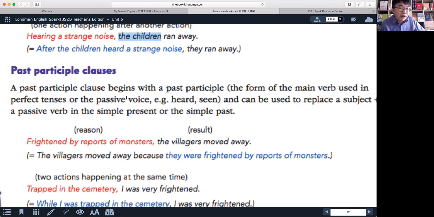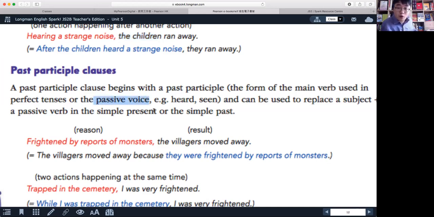Do you still remember how to form perfect tenses? For present perfect, you have has or have plus what? Plus past participle, right? Or the passive voice.